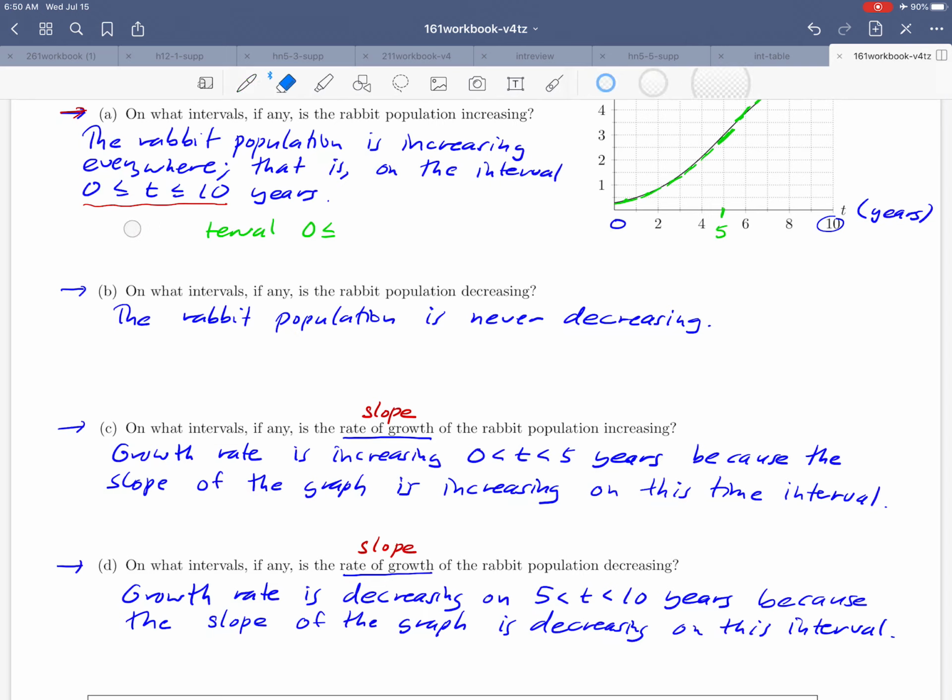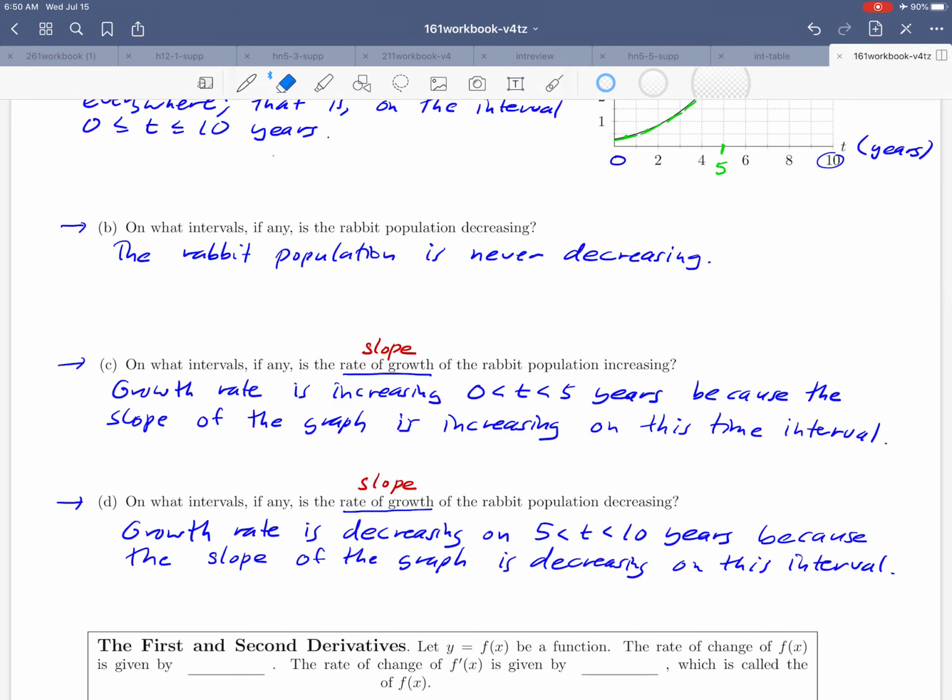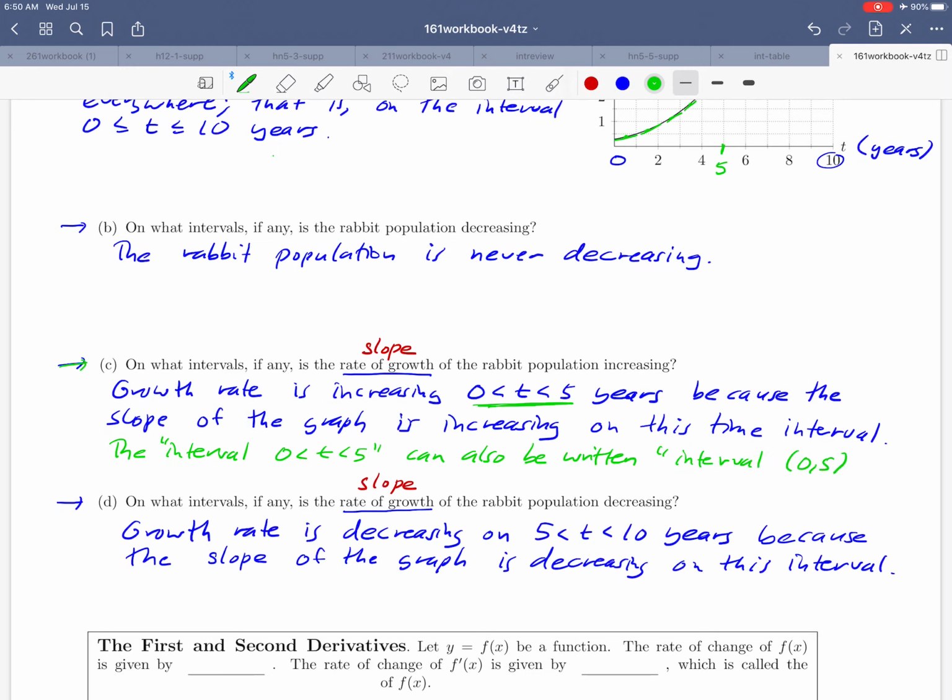I want to illustrate this point with one of the open intervals, the interval in part C instead. Zero less than t less than 5 can also be written like this: (0, 5).